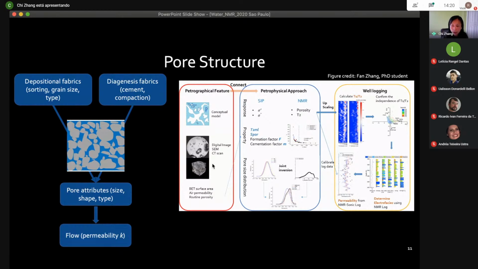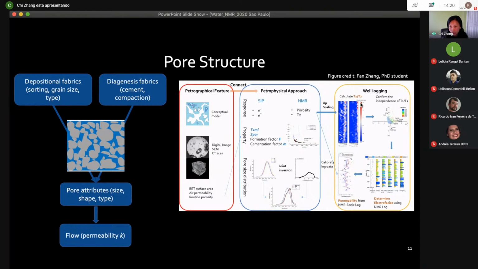We combine some petrographic information, such as the CT image, the SEM image, and also the thin section, with some petrophysical approaches using geophysical tools, such as complex conductivity and also NMR, trying to look at the different pore attributes, as well as to estimate the flow property like hydraulic conductivity. We should always have in mind that we want to upscale to field applications such as well logging as well as surface NMR.